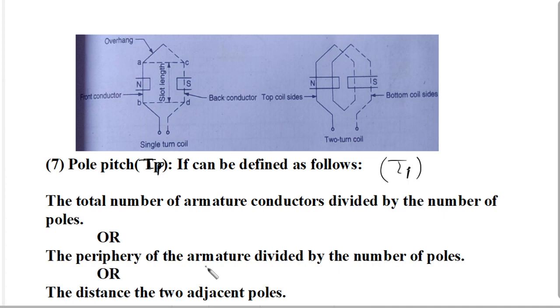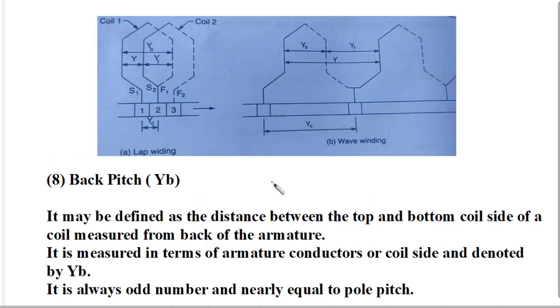It is also the periphery of the armature divided by the number of poles, or the distance between two adjacent poles. Then here is lap winding and here is wave winding; you can see that it looks like a wave. We will discuss both types of winding in detail in a further video.